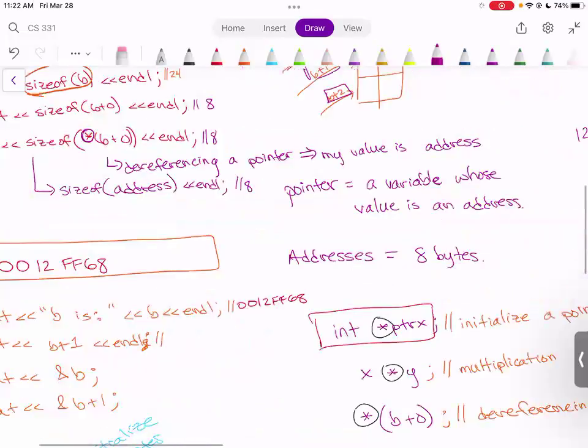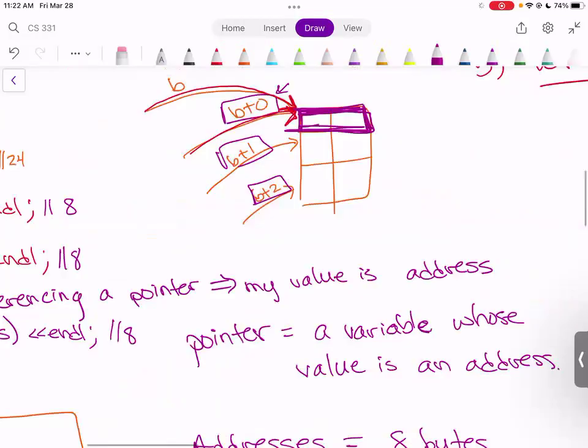The second row is over here. The second row is going to be how many bytes after the first row? 8. We do the address plus 8. Exactly, perfect.